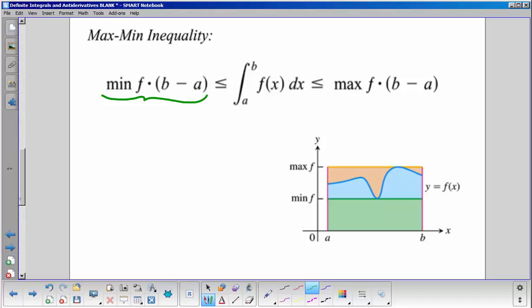Okay, well, we have a minimum. What are we doing with the minimum value? Multiplying it by the, would you call this a width? And this a length? So what is this?